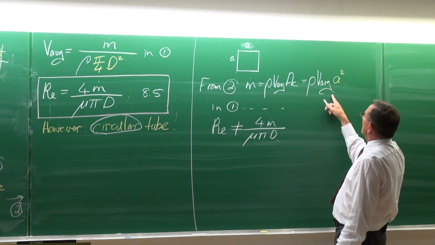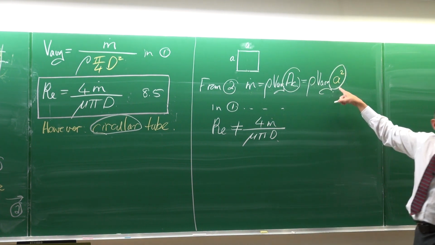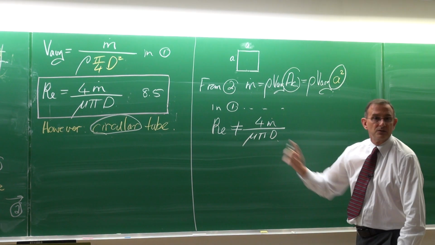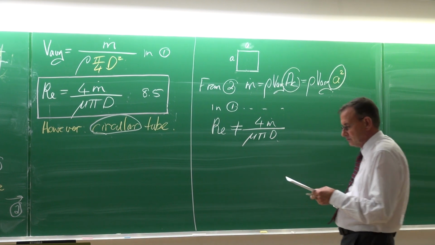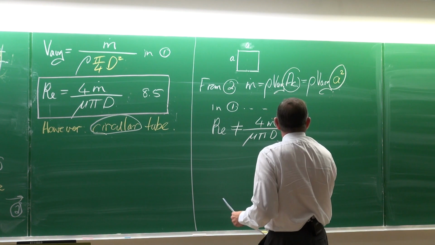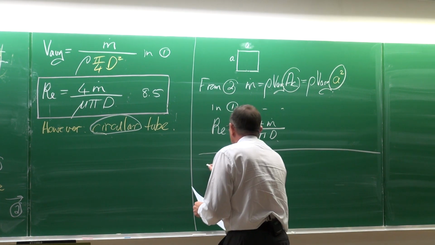If we now say the cross-sectional area is equal to a squared, then we are not going to end up with the same equation for the Reynolds number. Do you agree? Okay. Now, something else that is important is what we call non-circular tubes.